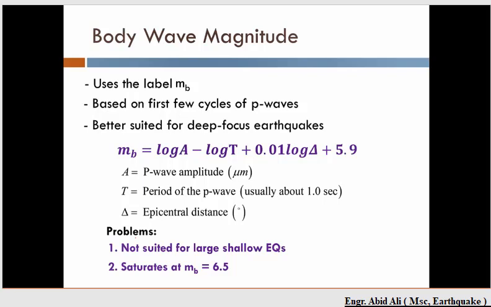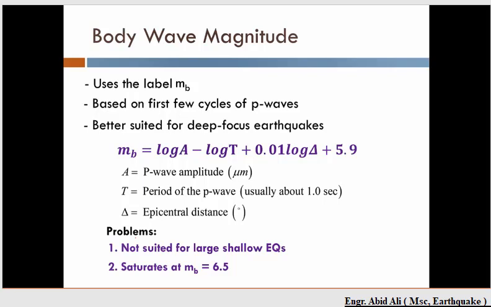So it's usually going to be around 1 second, but of course, you are not going to guess that. You are going to measure it from your recordings. And that is before the delta. This is the epicentral distance, which really isn't a distance, it's an angle.